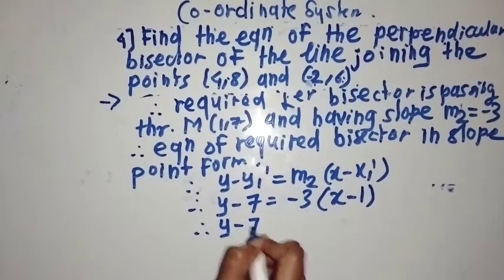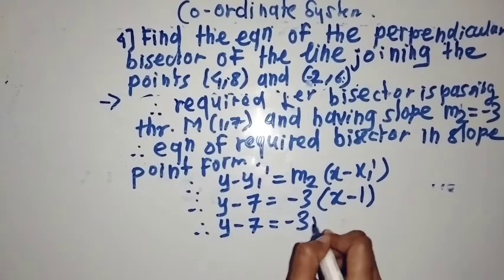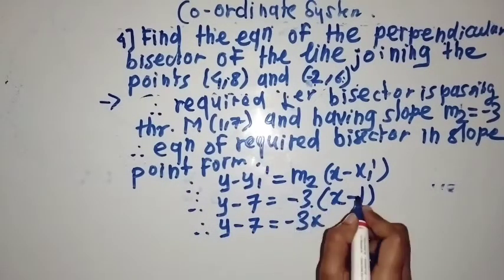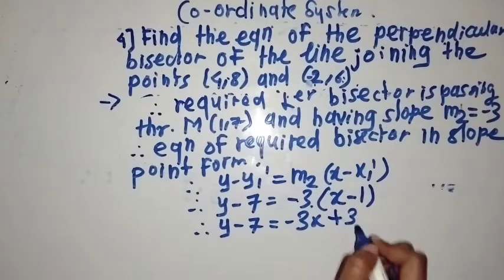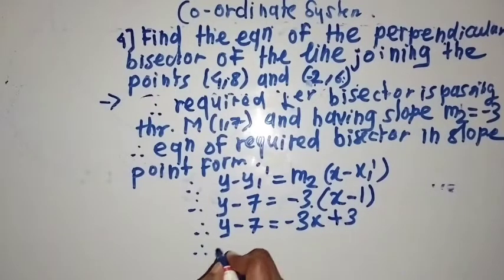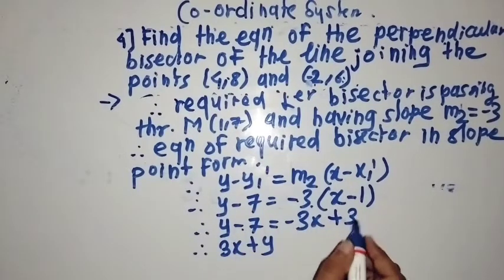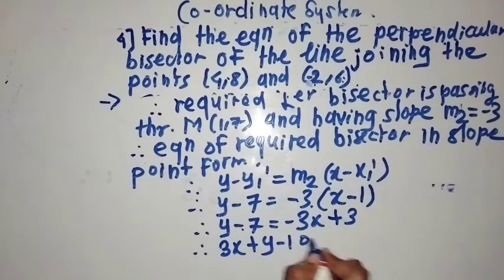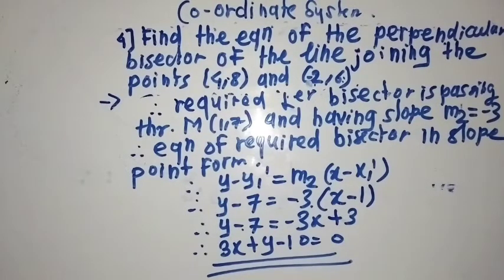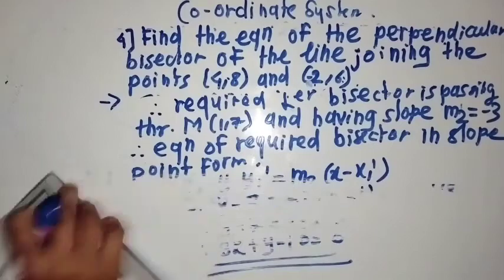Hence y minus 7 is equal to minus 3 into x minus 1, so we get 3x plus y minus 7 minus 3 is equal to 0. This is the required equation of the line.